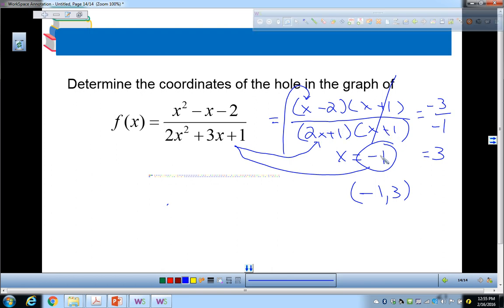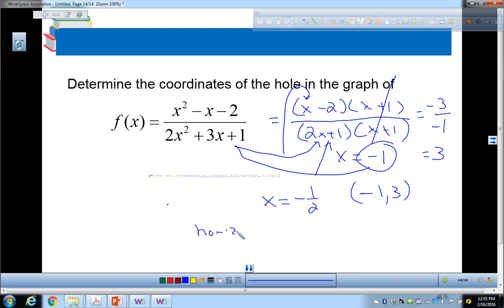No, not negative 1. Negative 1 is a hole. It can't be both a hole and an asymptote. So you have an asymptote at x equals negative 1/2 because that's the thing that doesn't cancel out and makes the denominator 0. Who can tell me the horizontal asymptote?